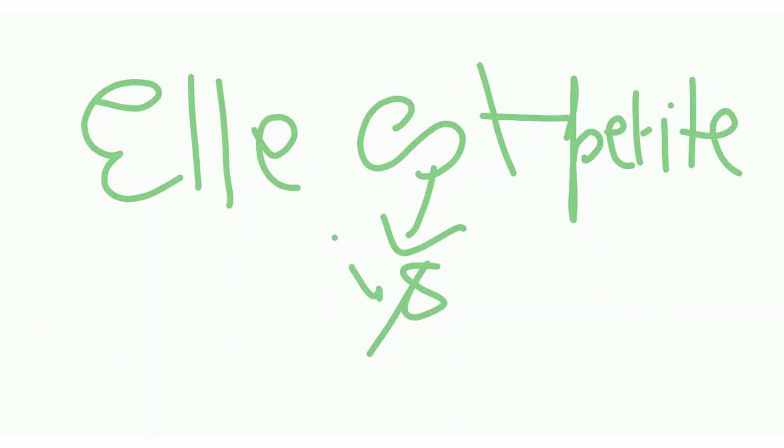Again, since it is a female gender, we add an E. Most of the words to identify female or masculine gender, in 90 to 95% of cases, we add an E at the end to show that it is female gender. But it's not always the case.